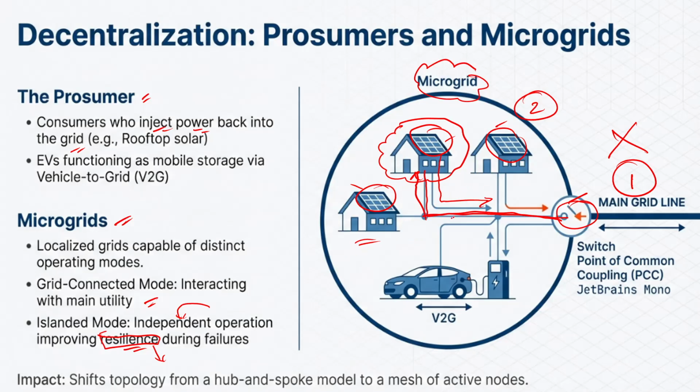So this is how we are going to achieve resilience in the coming future. Right now I don't see any major implementation happening, but in the coming future, these are the technologies we are going to implement, right? So this is the concept called decentralization, where the prosumers and the microgrid come into the picture. Okay.